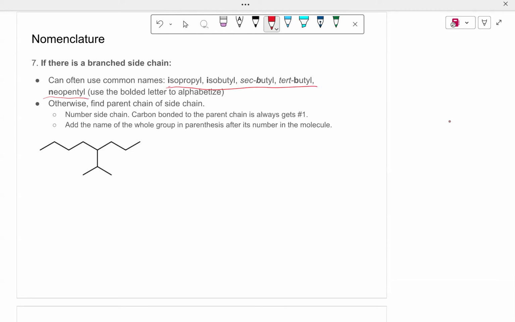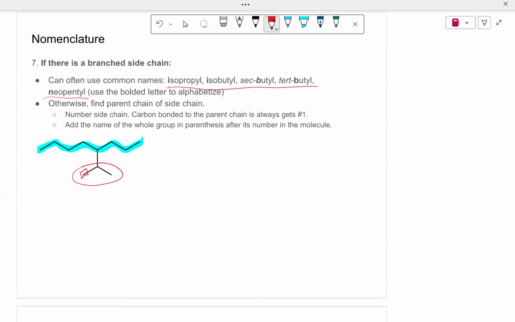But the one method that will always work is to treat that side chain as a little mini parent. And here's what I mean by this. So if we look at this structure, this is our parent chain. And hanging off the side here is a side chain that also has a branch on it. I'm just going to put a box around there.